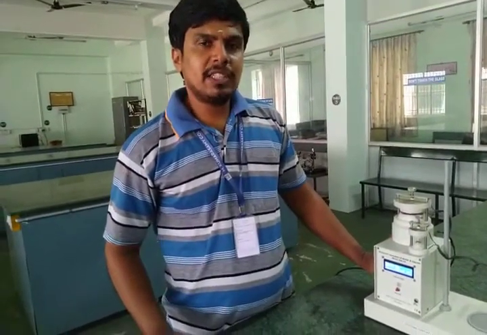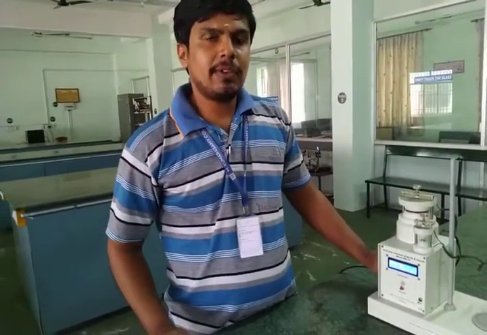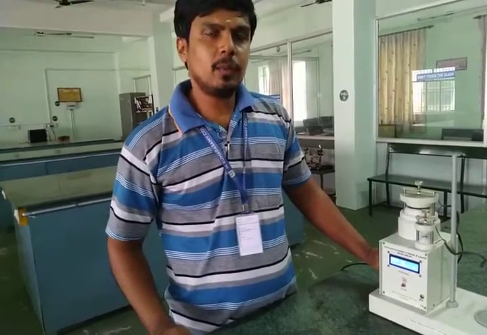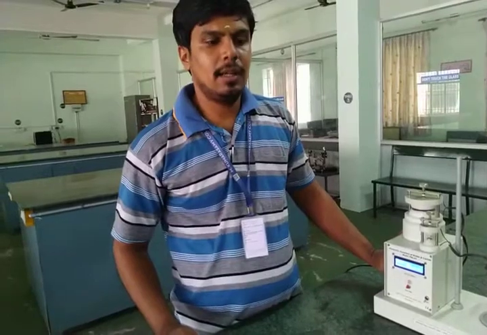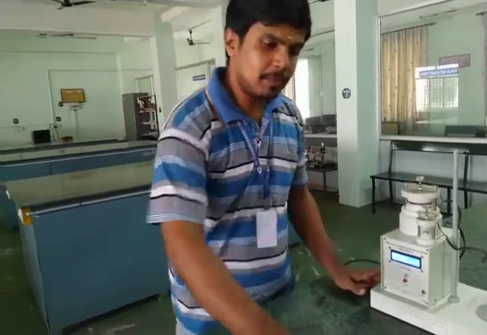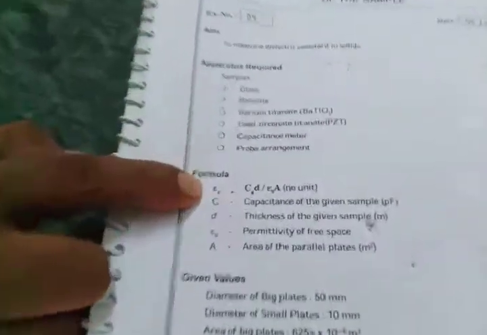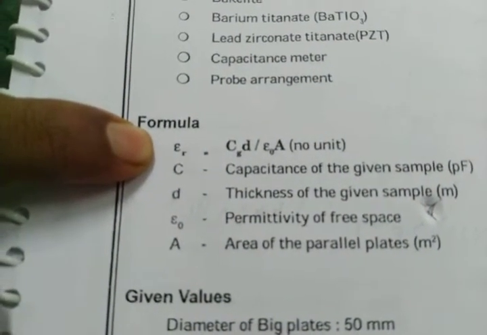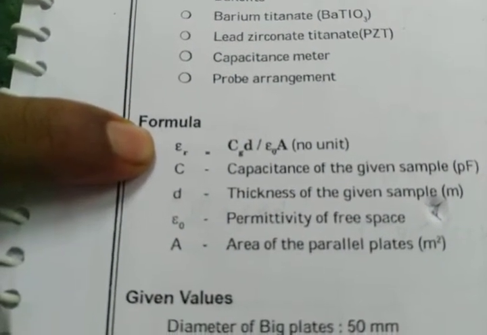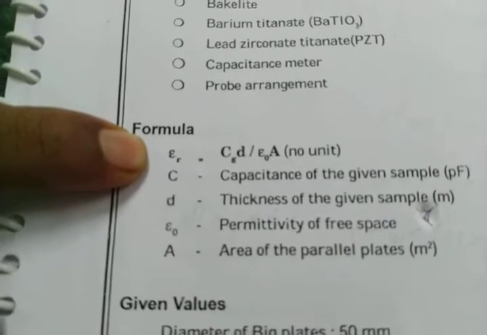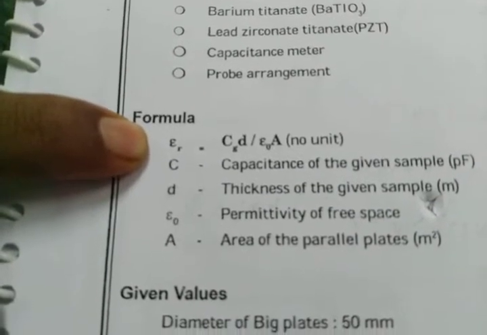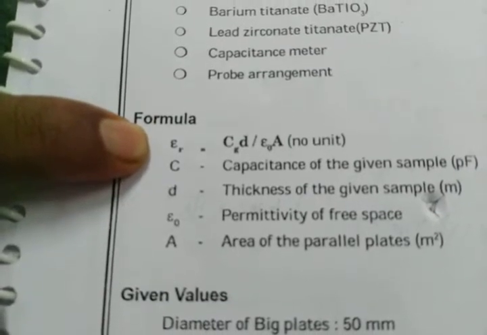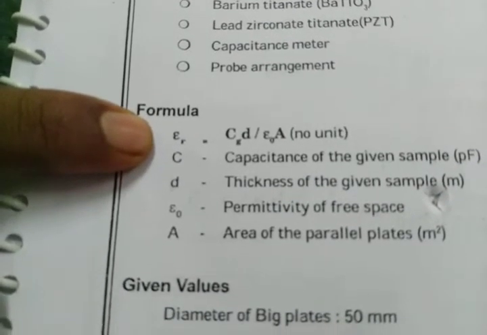Why should we measure the capacitance of a capacitor? How is it related to the dielectric constant? Let's see this formula. Probably in your lower classes you might have studied that when you place a dielectric material between two parallel plates, the capacitance increases, and I have modified the formula here.